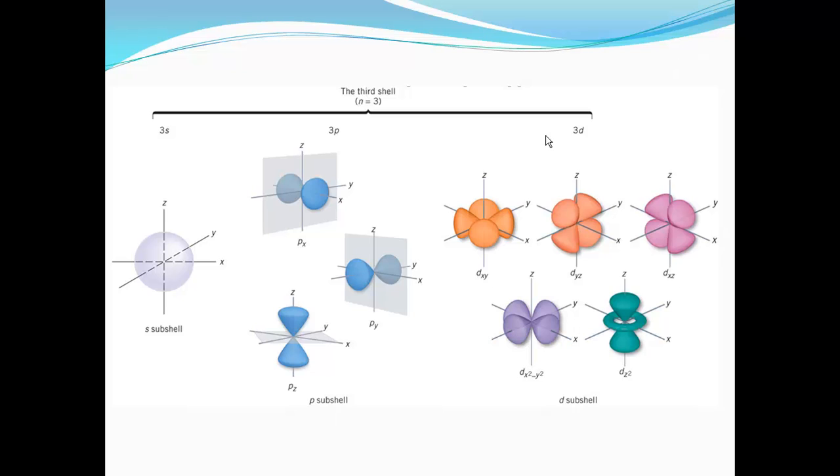Alright, the subshells, they're called orbitals, are broken down into these lobes, they call them. Each lobe holds 2 electrons, one in opposite spins.